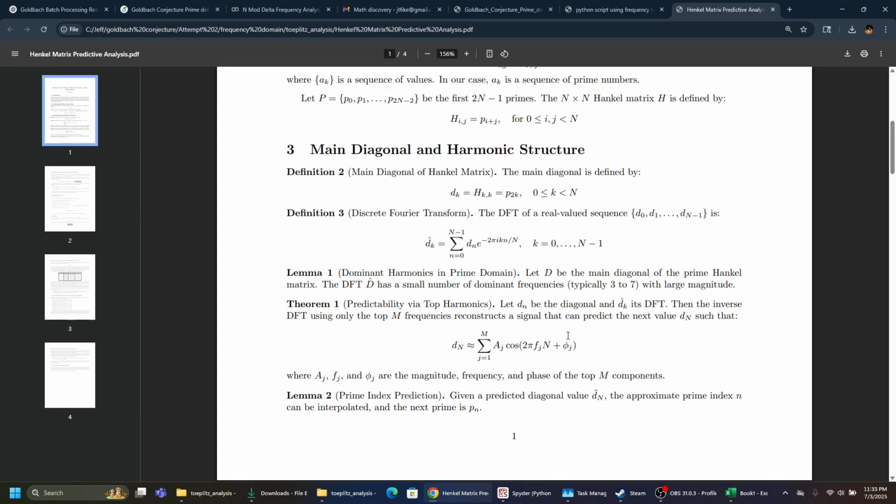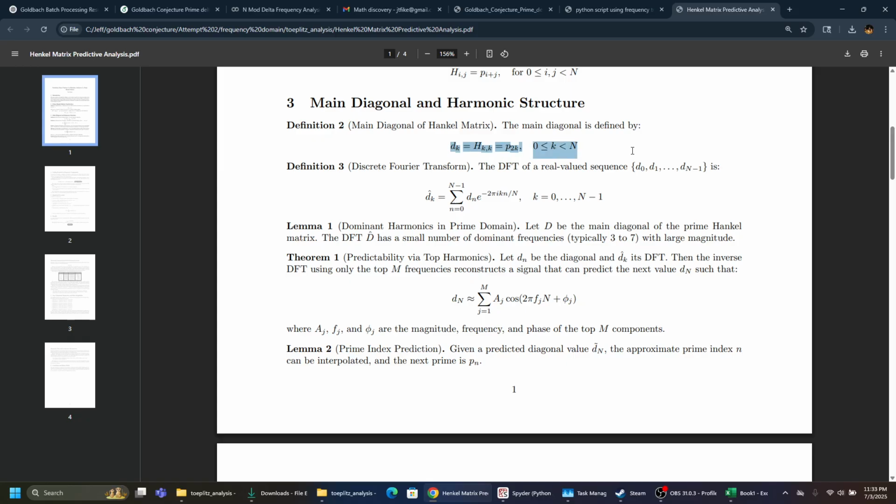It doesn't change ever. And so this is the definition of that frequency. And there's a discrete Fourier transform, which all I'm trying to say is that if D is the main diagonal of the prime Hankel matrix, the Fourier transform has dominant frequencies.